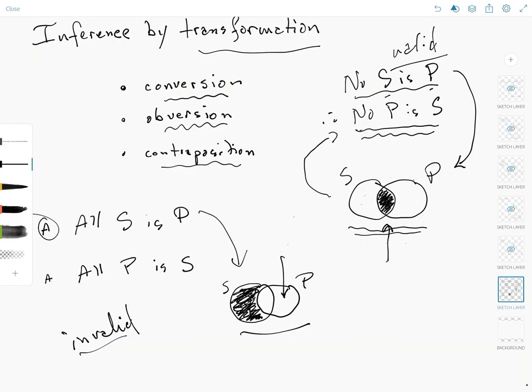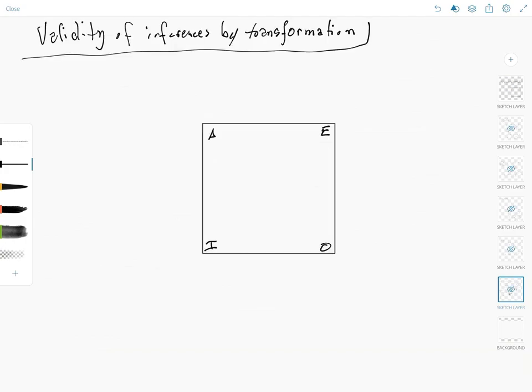Okay, good. So now let's take a look at the other inferences, but looking at it from the perspective of the square of opposition, right? So first of all, we've established that E is valid on conversion, right?